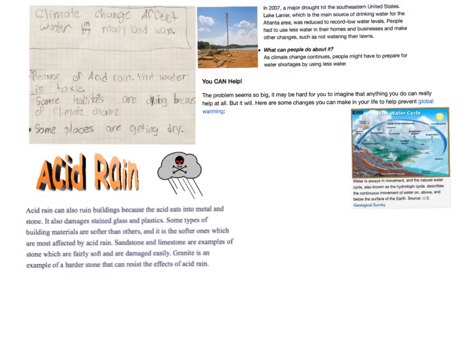Sandstone and limestone are examples of stone which are very soft and are damaged easily. Granite is an example of a hard stone that can resist the effects of acid rain. That's acid rain, so be careful.